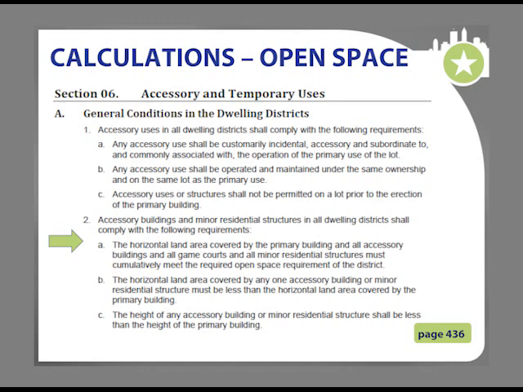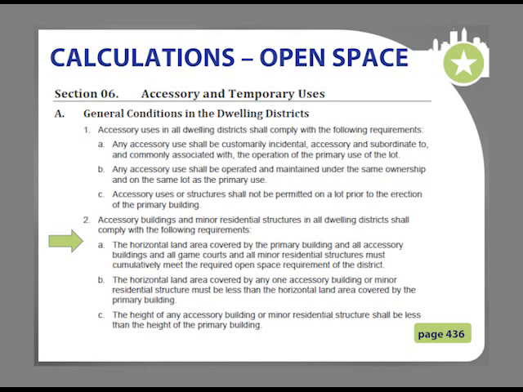The other key provision that we've retained is that any one accessory building must be smaller in footprint than the primary dwelling unit. So again, each accessory building must be smaller than the footprint of the primary building, but the sum of the accessory buildings can exceed the primary building if you still meet the open space requirement. That's a key change.